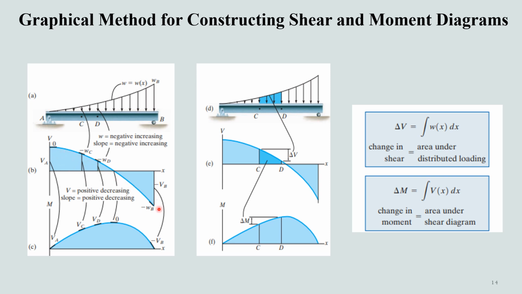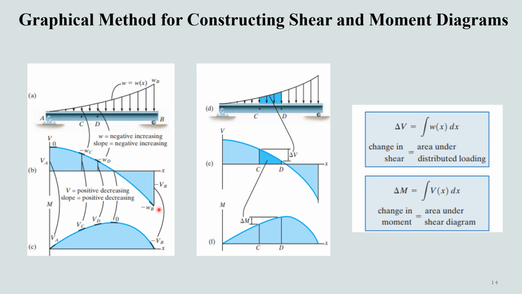In a similar manner, the second equation that was developed on the previous slide states that at a point the slope of the moment diagram is equal to the shear. So the shear diagram starts at plus V_A, decreases to 0, and then becomes negative and decreases to minus w_B.